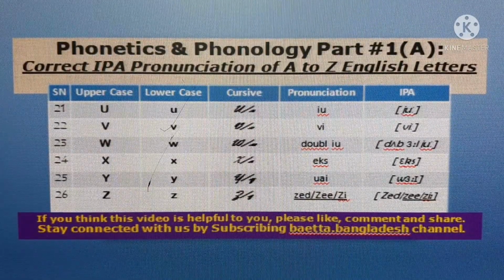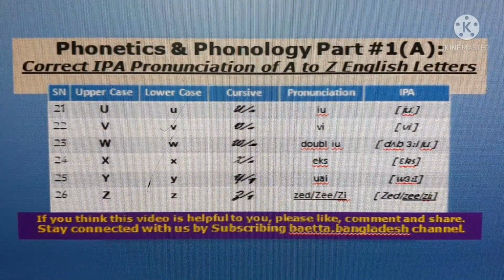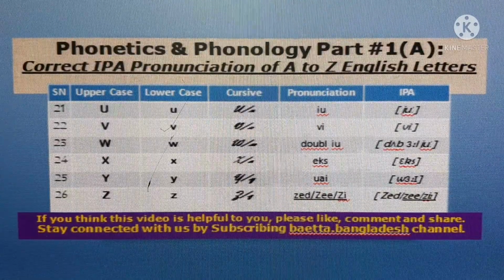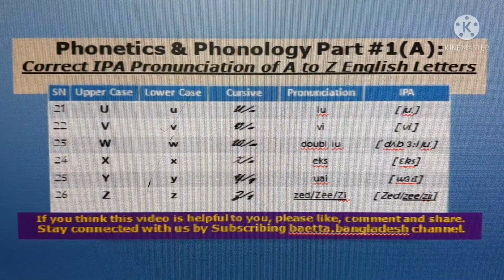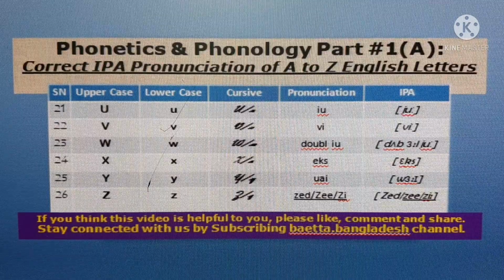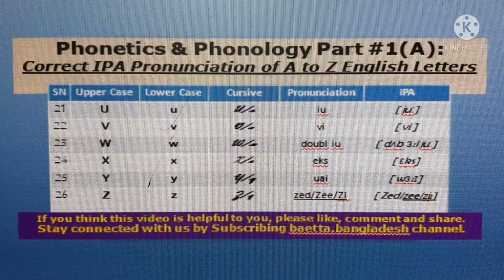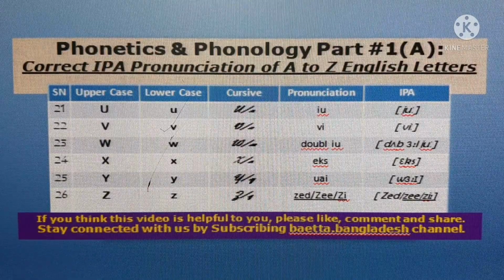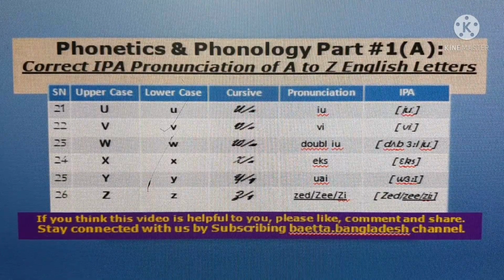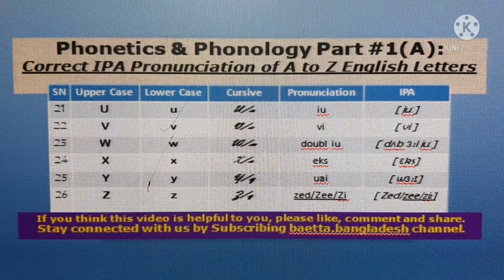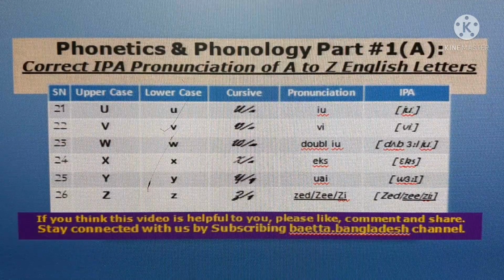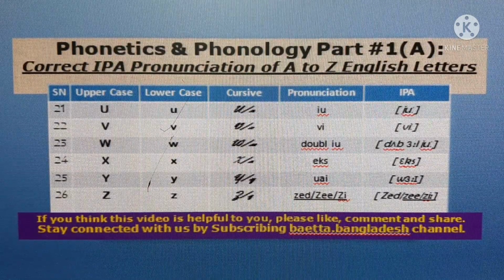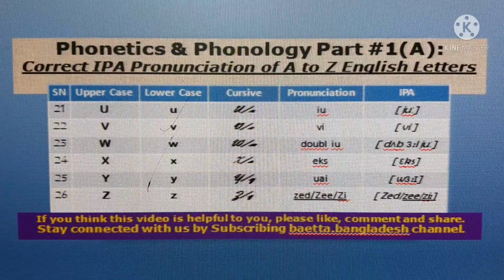In American English, letter number 15 is pronounced as O instead of O, as in often. Letter number 18 is pronounced as R instead of A, as in R.